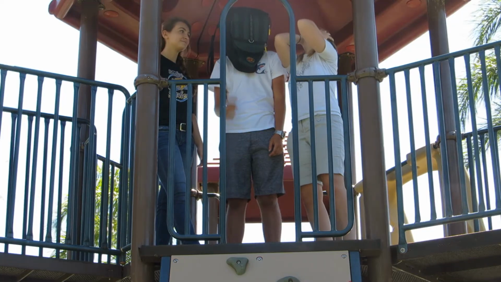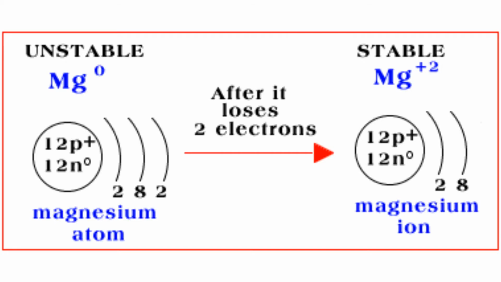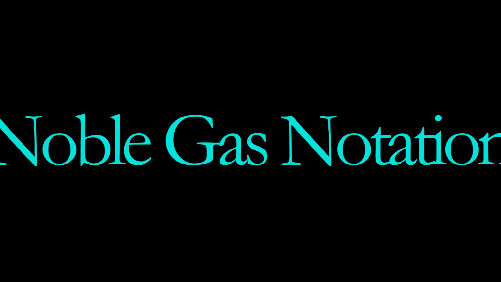Noble gases have the most stable electron configurations because their outermost level is full, meaning their electron configurations are easier to write than those of the others. Using this, the common knowledge of the electron configuration of a noble gas allows us to use a short-handed method of writing electron configurations called the noble gas notation.